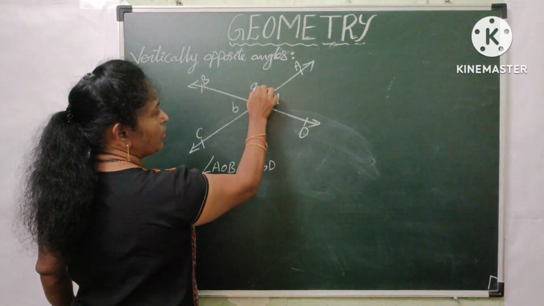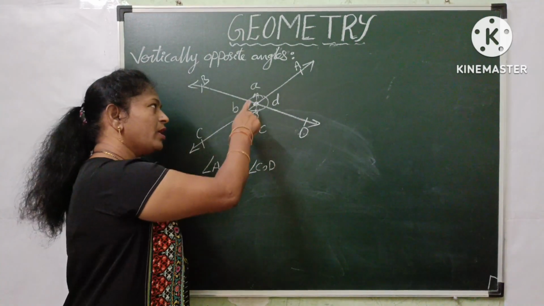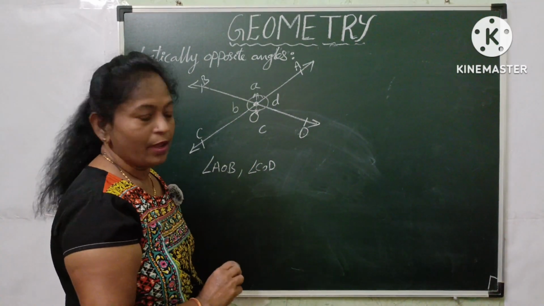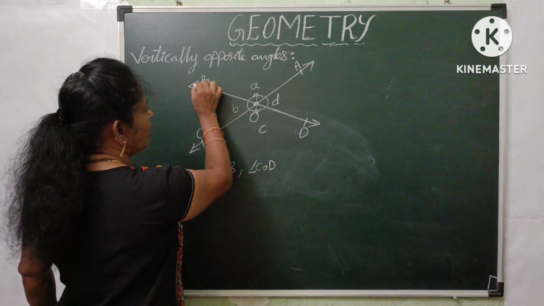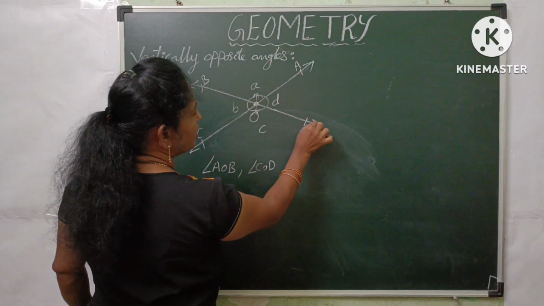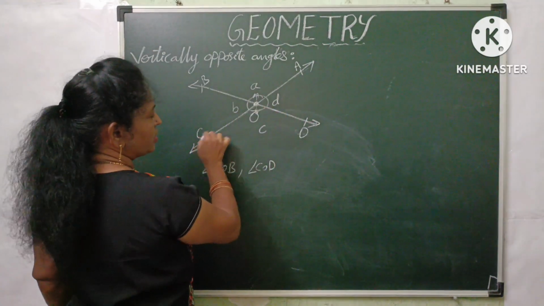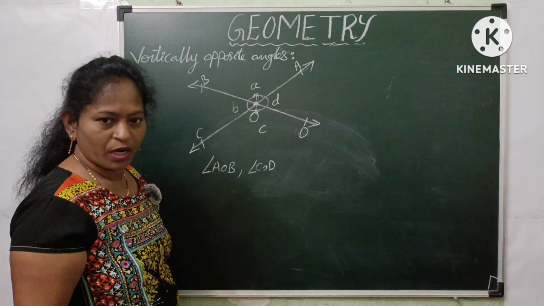That means a and c are vertically opposite angles, and vertically opposite angles are equal, but they do not have a common arm. Check it there. Here this is one angle and this is another angle. These two vertically opposite angles do not have a common arm.